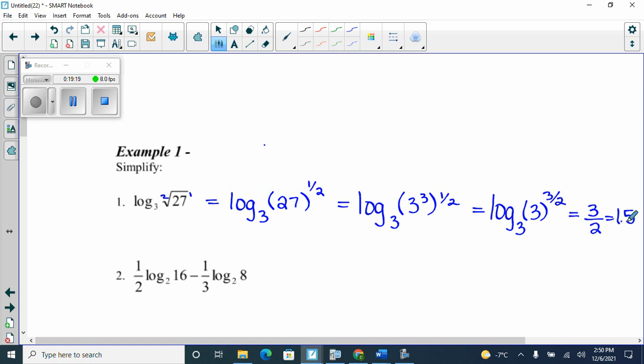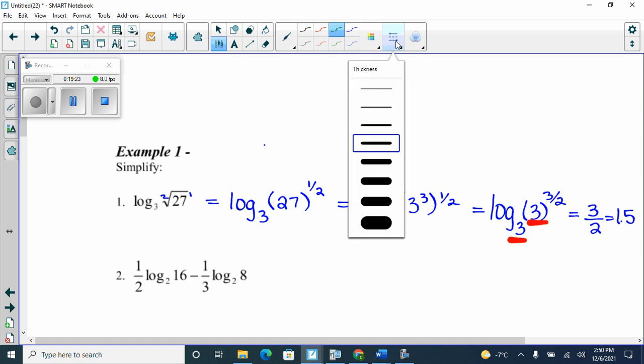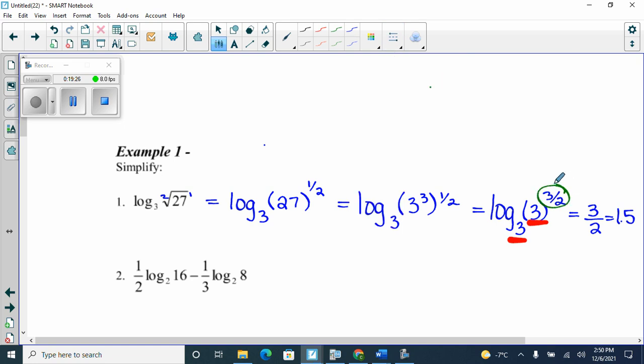Because remember, when this and this are the same, my answer is the exponent. Because you just say 3 to what power gets me 3 to the 3 halves, so it'll be 3 halves. So if you can make these numbers be the same, your answer is just the exponent.